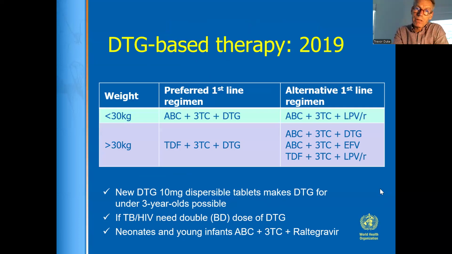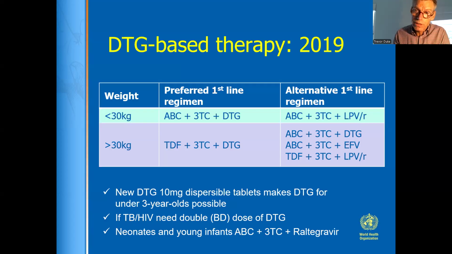This is the latest WHO recommendation for antiretroviral therapy. So for those under 30 kilos, most children, abacavir, 3-TC, which is lamivudine, and DTG, which is dolutegravir. That's the preferred first-line treatment.